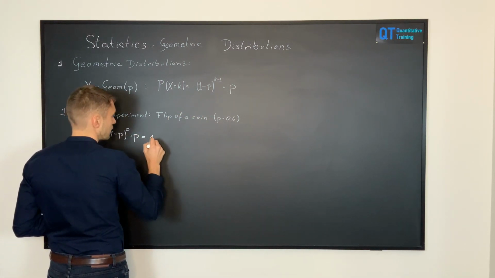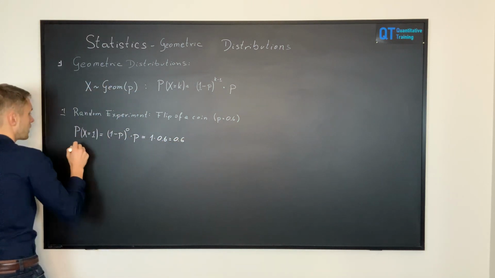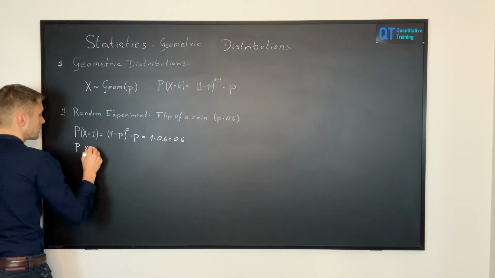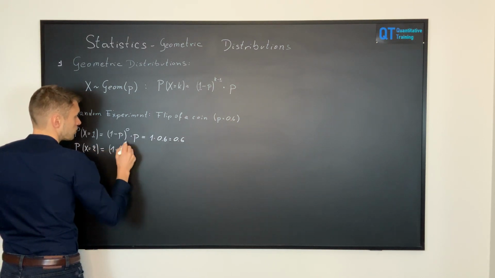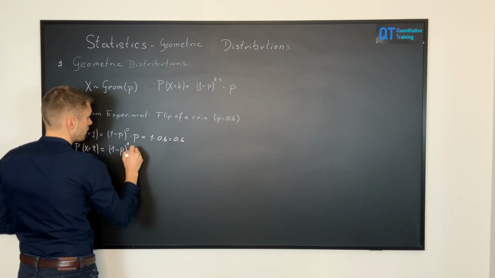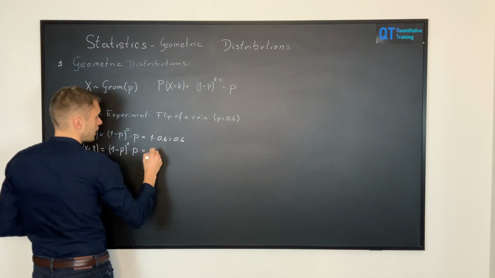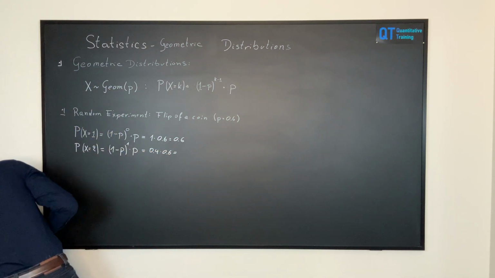So this is 1 times 0.6, which is of course 0.6. Then for the probability of x being 2, k is 2, so we have 1 minus p to the power 2 minus 1, which is 1, times p. So we have 0.4 times 0.6, and this is 0.24.